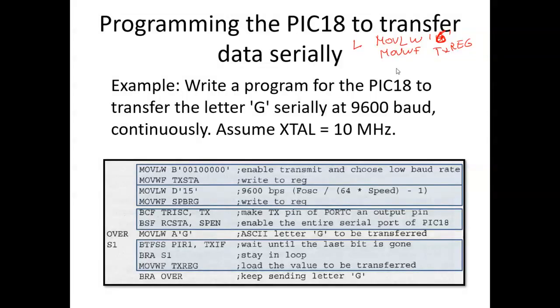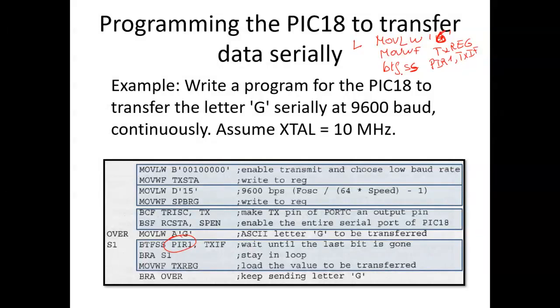So here we can use bit test file, skip if set, for example. Here, which flag do we have to check? We have to check the TXIF from the PIR1 register. PIR1, comma, the TXIF.